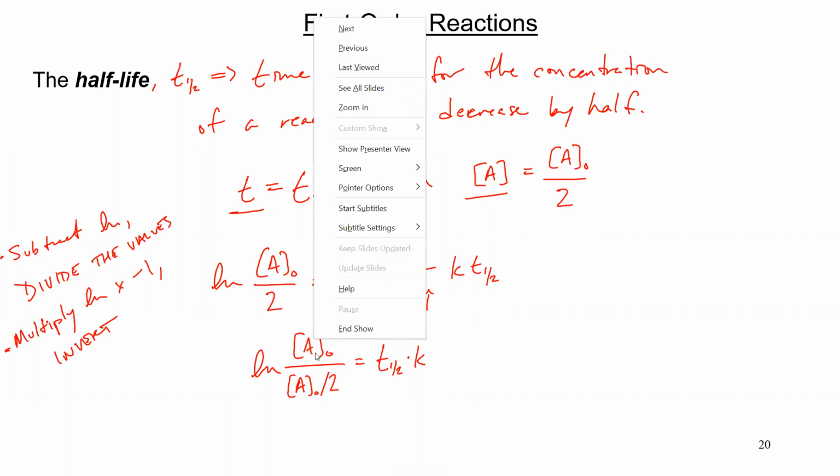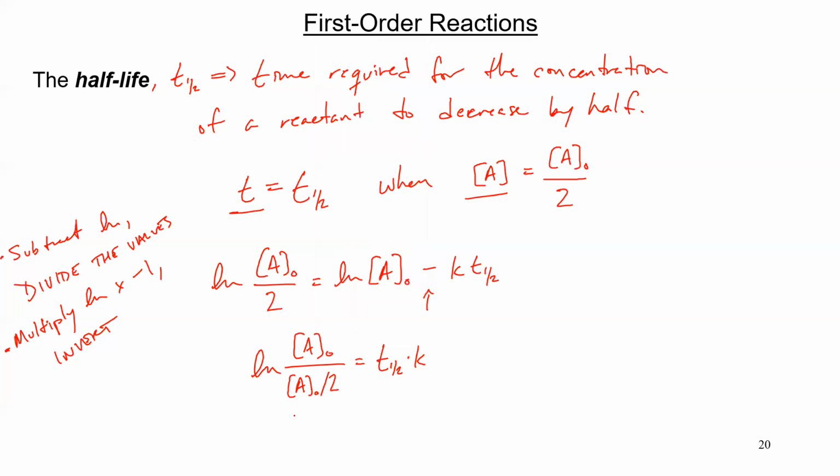Now, A0 divided by A0 divided by 2, all this just goes to the natural log of 2. And then I'm going to get the half-life by itself. I'm going to divide through by K. Now, the natural log of 2, there's no variable there, and so we can go ahead and replace that with a numerical value if we want to.